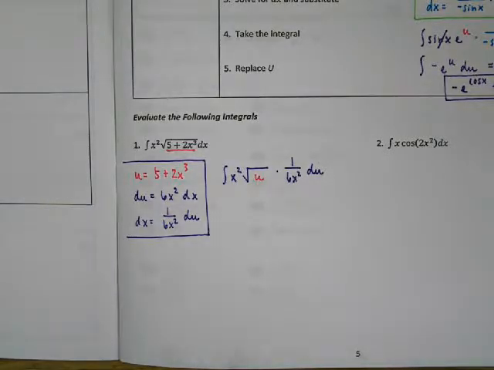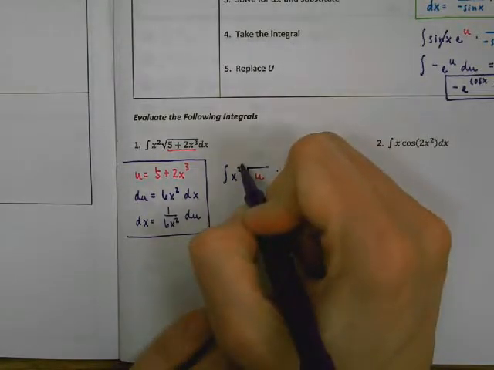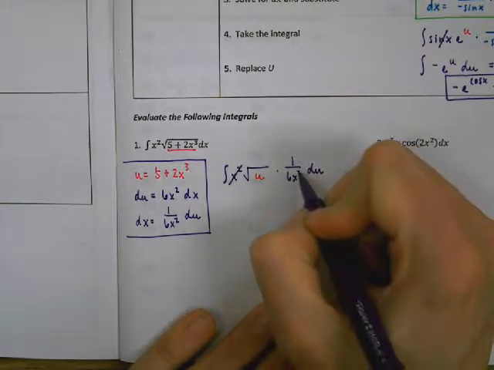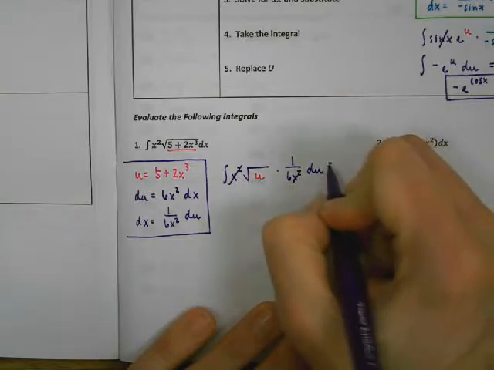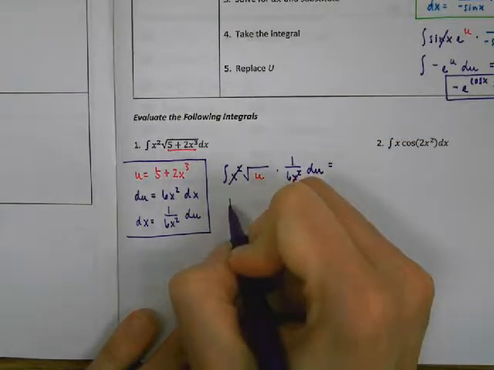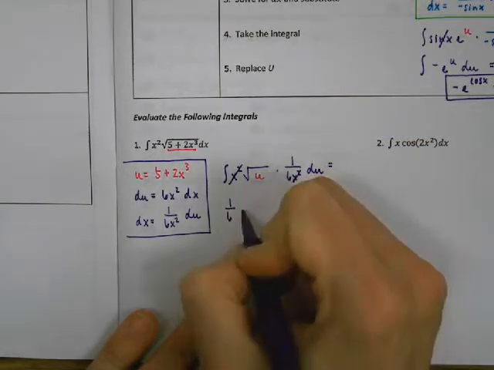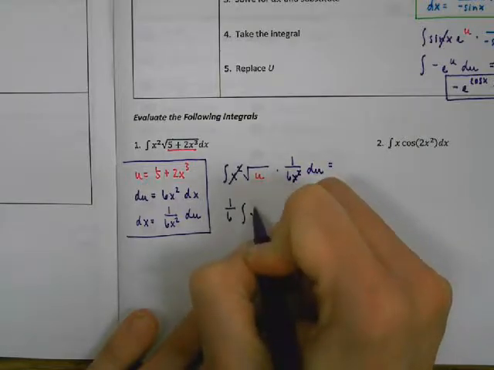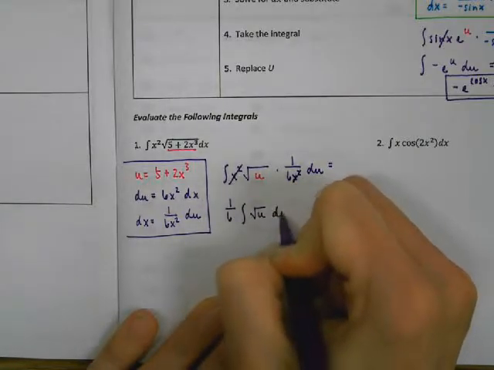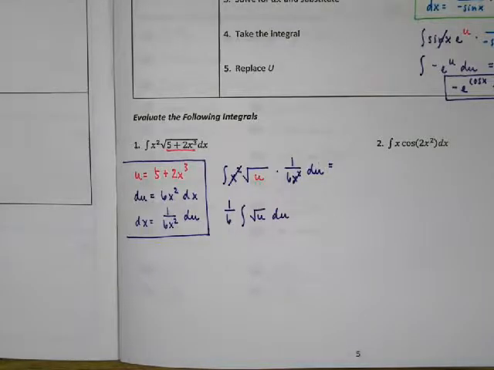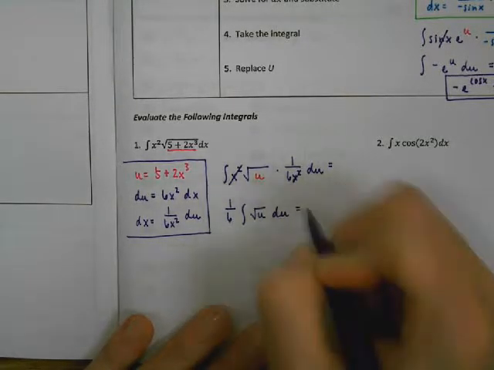I want an integral ultimately that's just in terms of u. So I'm noticing that my x squared is going to cancel with this x squared. And so if I pull out my constant, what I have is 1/6 times the integral of the square root of u du. And so again, now I'm back to something that I can easily anti-differentiate.